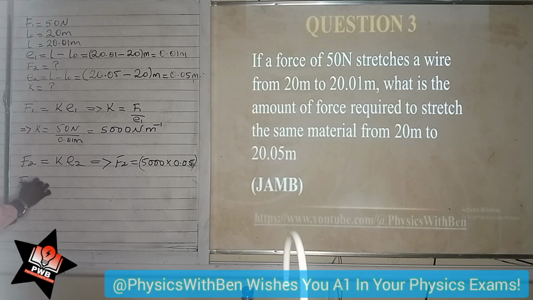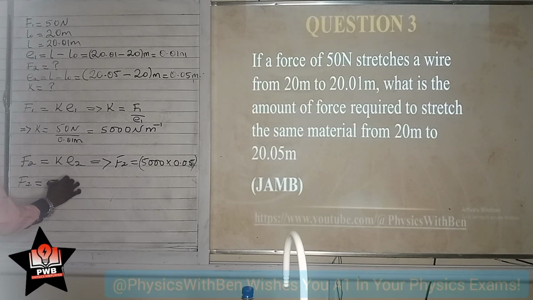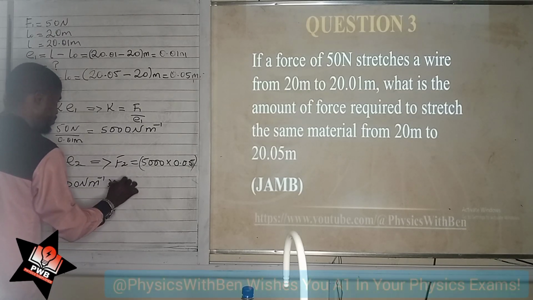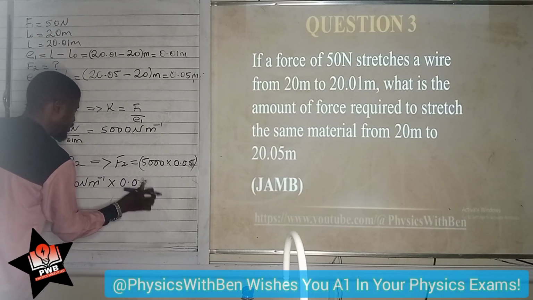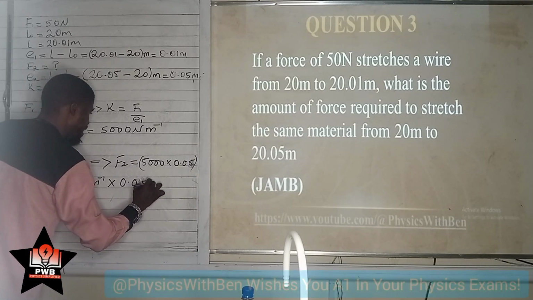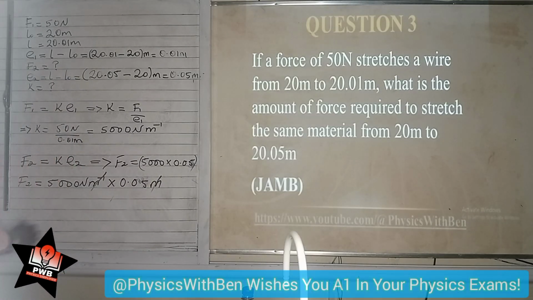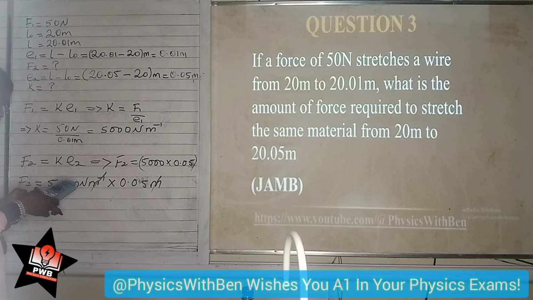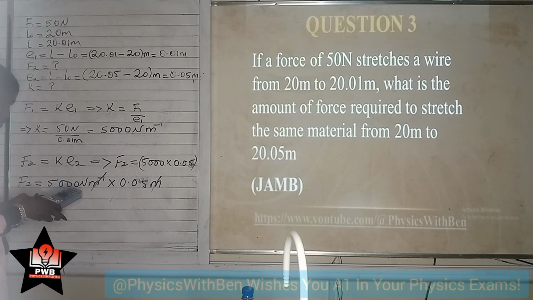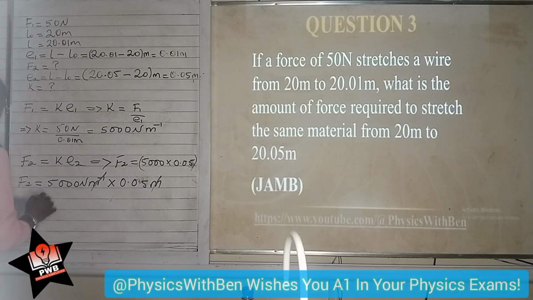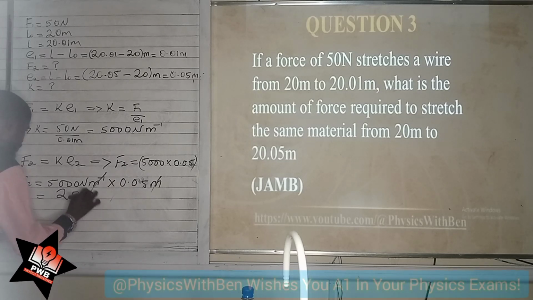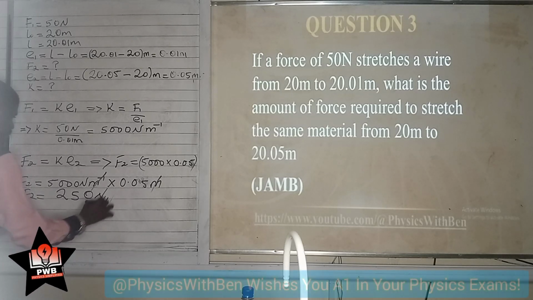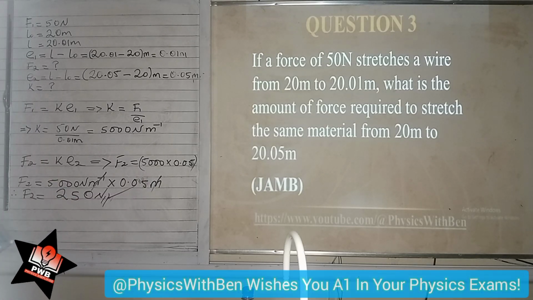Our F2 is equal to 5,000 Newton per meter times 0.05 meters. Meters cancel out, and then you have 5,000 times 0.05 will give you 250 Newton. Therefore, your F2 is equal to this, and that is the correct answer.